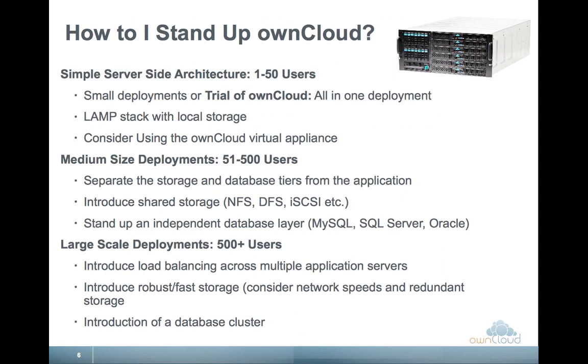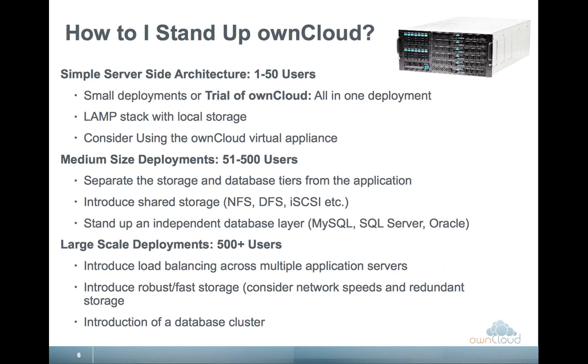The medium-sized deployments, when we start talking about 50 plus to 500, 600 users, somewhere in that neighborhood, now we start talking about teasing the elements apart and actually having a separate application layer, a separate database layer, and a separate storage layer.